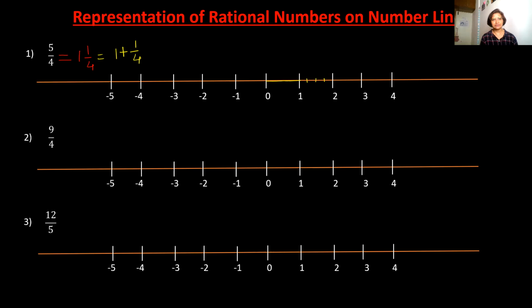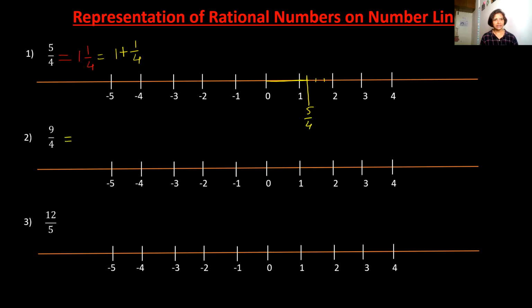This whole is divided into 4 parts, and from that 4 parts you have to take 1 part. So 1 plus 1 by 4 will lie here. So you can represent that number here, 5 by 4. Is it simple? Yes, it is, I think.